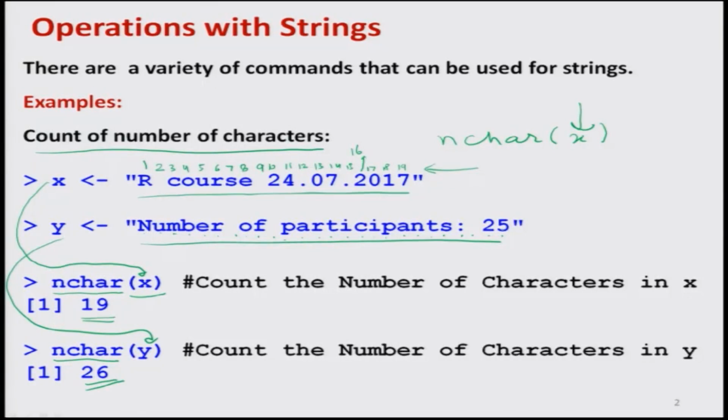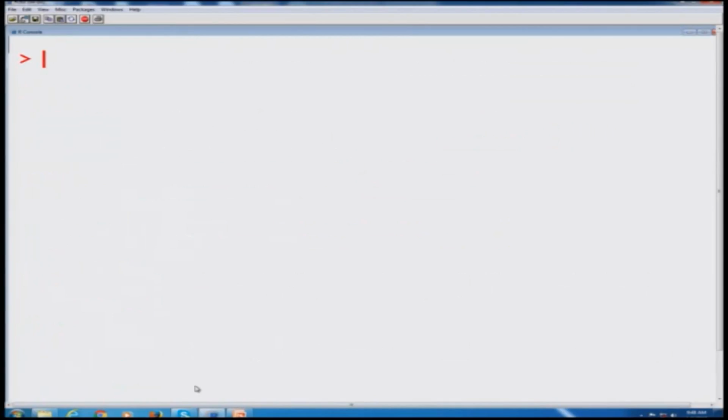So, let us try to do this over the R console and see what happens. You can see here, the number of characters in x is 19.